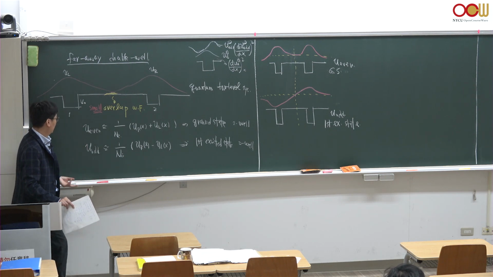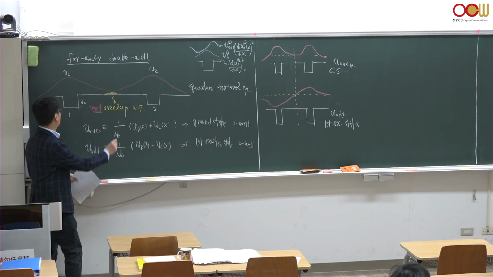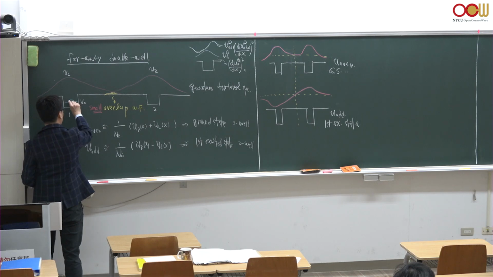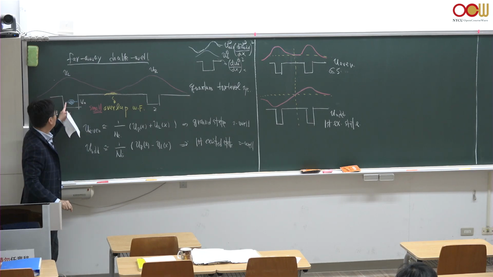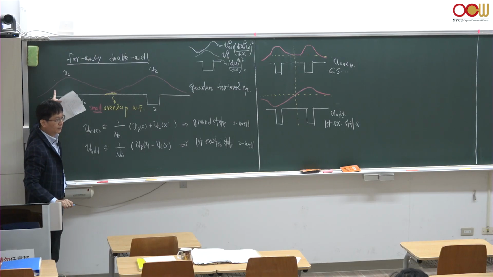But they are not independent because they have a finite overlap between these two ground state wave functions on the left and right. As a result, you can consider the situation where initially you have a particle, say, sitting on the left well, which is described by this u left in the beginning.